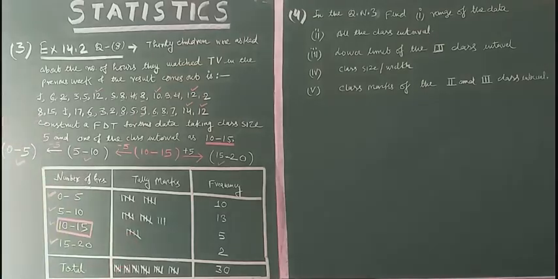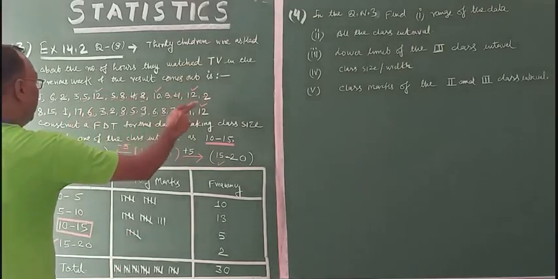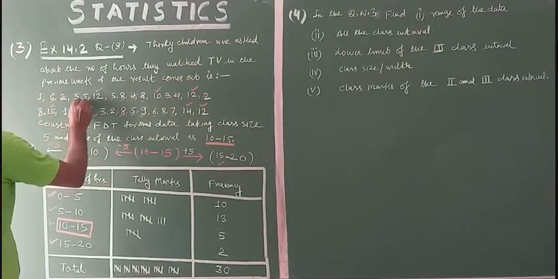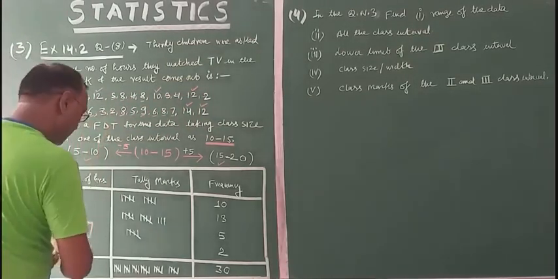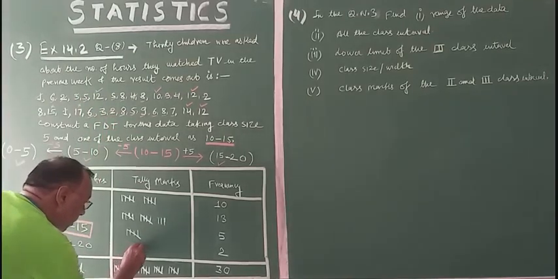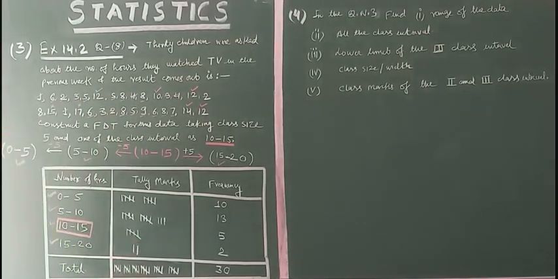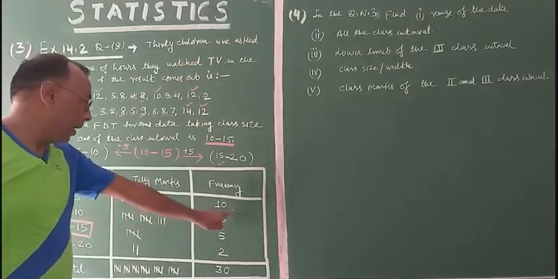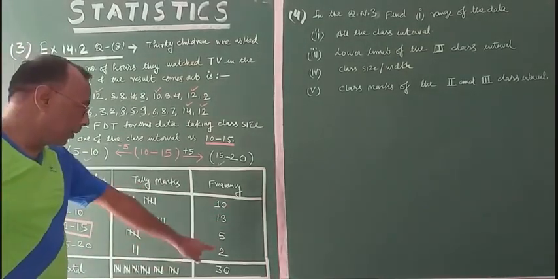And between 15 to 20, 15 we will include, and 15 is here, and this one 17. So these are 2. These are the tally marks, and these are the frequencies. Add them. 10 and 13, 23 and 5, 28 and 2, 30.